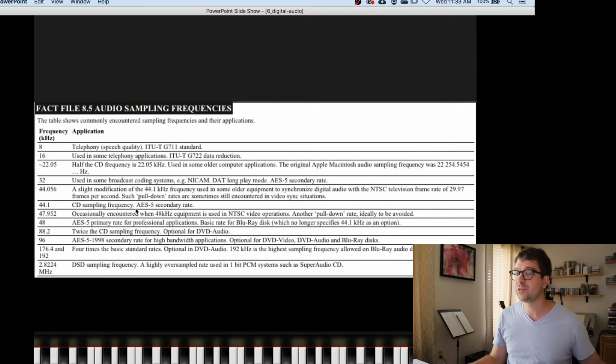The normal CD quality sample rate is 44,100 measurements per second, or 44.1 kilohertz. The sample rate for video and film is 48,000 measurements per second. And then we have some higher ones, like 96,000 measurements per second, which is often used for classical music recordings and high def recordings.